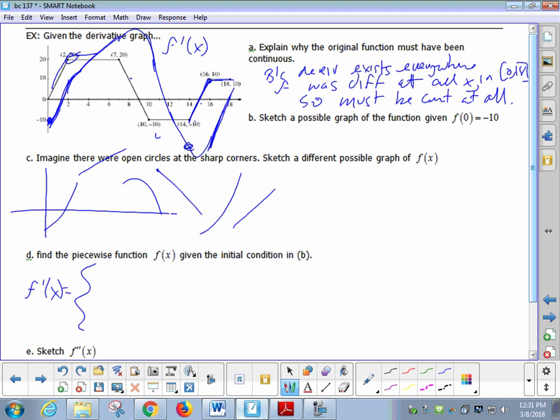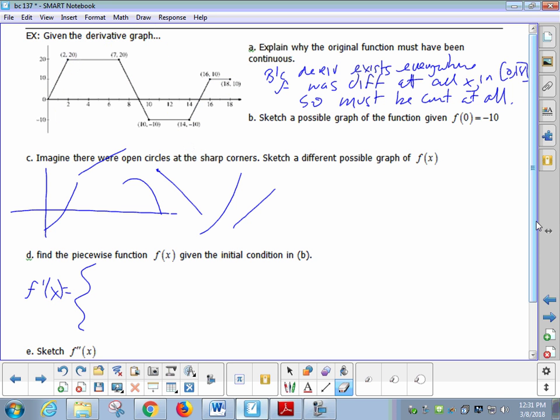What's the equation for all the pieces that you see in that derivative graph? What's the equation for this, please? 10x. Do you all agree? 10x, that's from 0 to 2. Okay? Here? 20 from 2 to 7. Here?